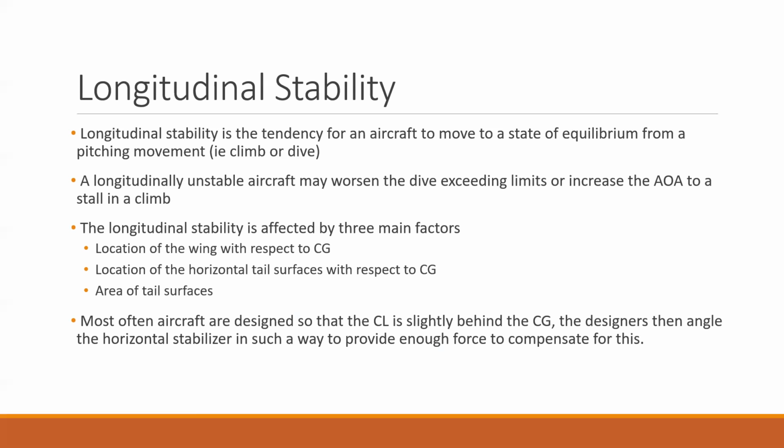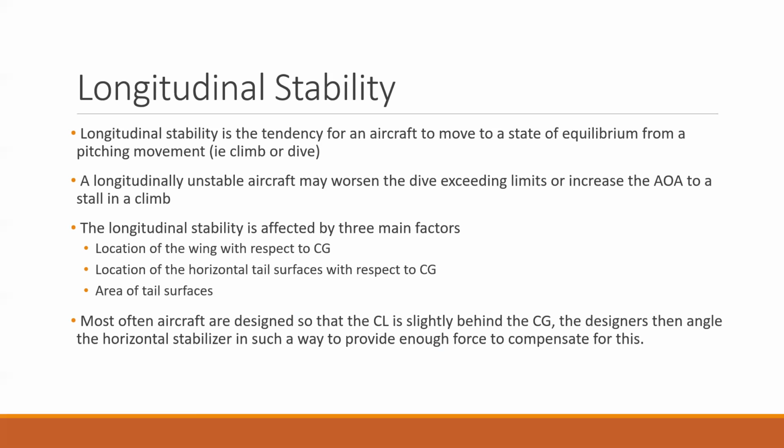So where is your horizontal tail? Is it really far away from your CG? Is it really close? Is it a really short aircraft? And then finally, how big are the surfaces? Are they 4 foot, 8 foot, whatever? 8 foot would be really big, but might be possible. So these three things determine what the stability is around this pitching axis.